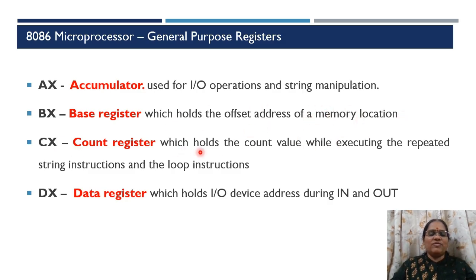The count register is used whenever you are performing loop instructions: how many times a particular group of instructions has to be repeated, that count value has to be loaded in this count register. The data register DX is used for holding a device address, that is, which input device or which output device, and that input output device address will be stored in the DX register. So each register has a particular defined function to be performed.